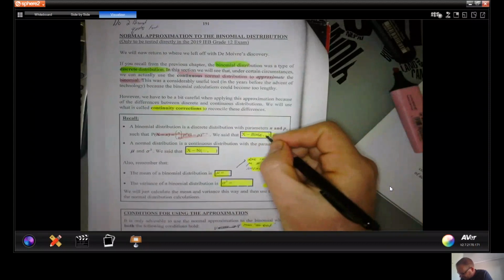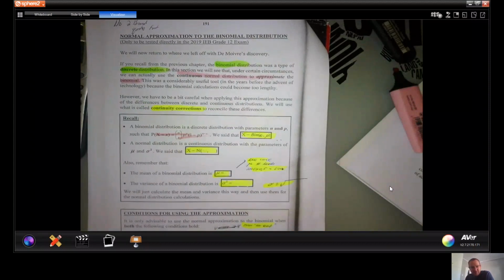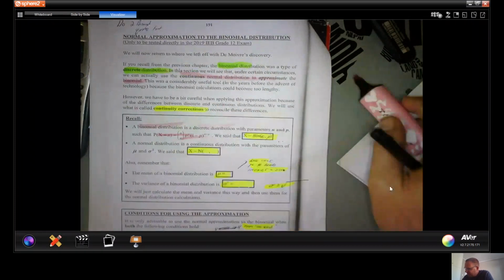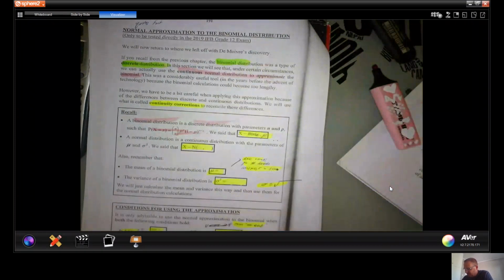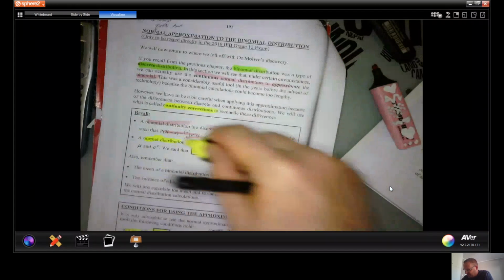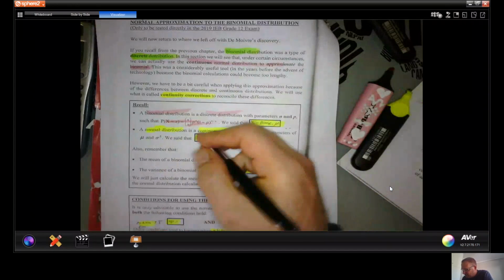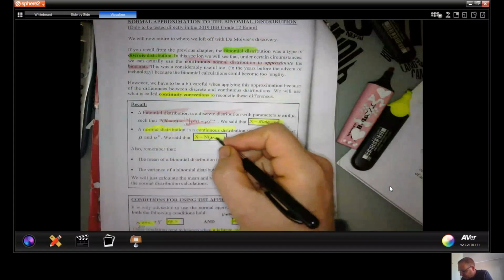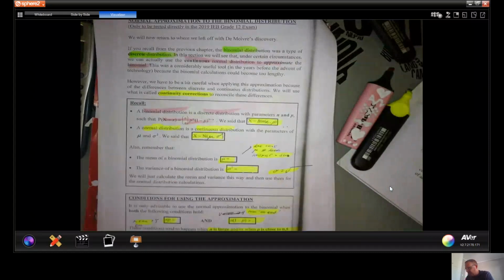N is the number of outcomes, P is the probability of success, so that's N and P. Okay, and for a normal distribution, which is for continuous data, so binomial, strictly speaking, is supposed to be for discrete. Normal is supposed to be for continuous. Okay, and the notation we use is you've got a random variable with a mean of mu, and the variance over there.